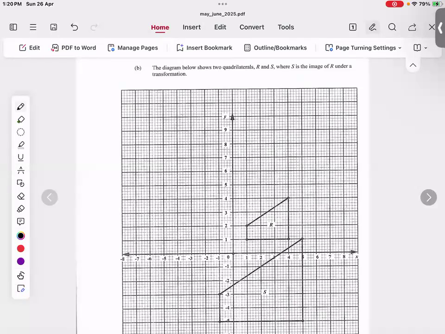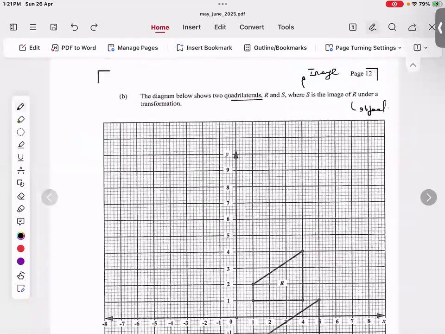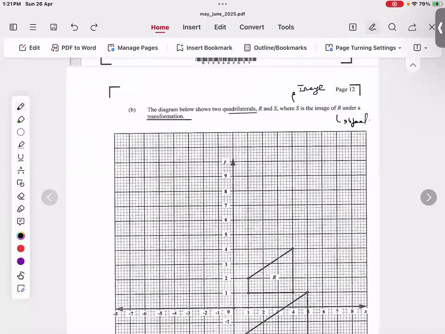The diagram shows a quadrilateral, which is a 4-sided figure, R and S, and S is the image of R. Therefore, we can safely say that R is the object, because they say here S is the image. Also, we don't know what type of transformation it is.